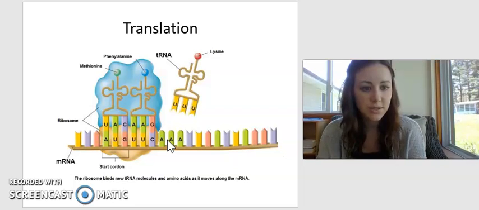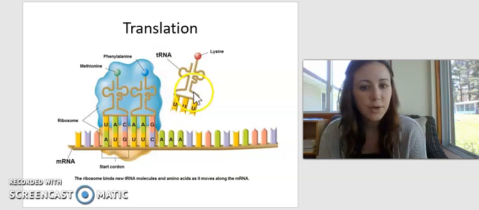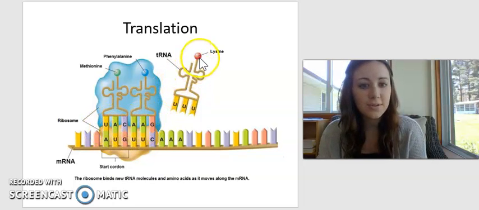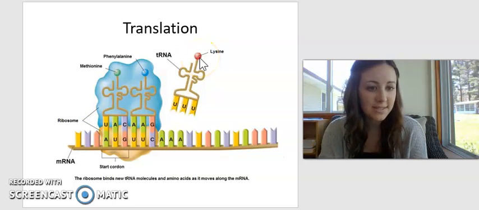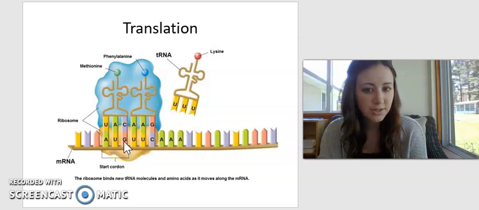So a codon is 3 nucleotides. Those 3 nucleotides are going to cause this tRNA molecule to attach to that mRNA, and then it also has an amino acid attached to it. This is AUG. This is a start codon.